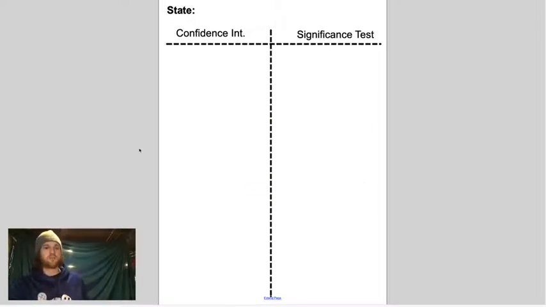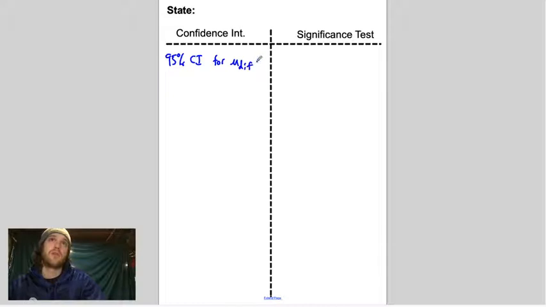All right, so let's go ahead and do our significance test and our confidence interval. Let's do them simultaneously. So if we're going to do a confidence interval, let's just do it at 95%. So we're going to do a 95% confidence interval for mu sub diff, where mu sub diff is equal to the true mean difference.